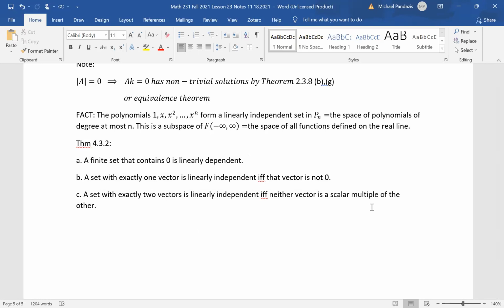And so you can think of A as being kind of covered by C. A is like a small part of C, even though you don't see it. Well, exactly 2, it's not quite that, because a finite set could be more than 2. But the idea is there that if one of them is 0, you can express it as 0 times the other vector, even if that one is non-zero. So you would get dependence.